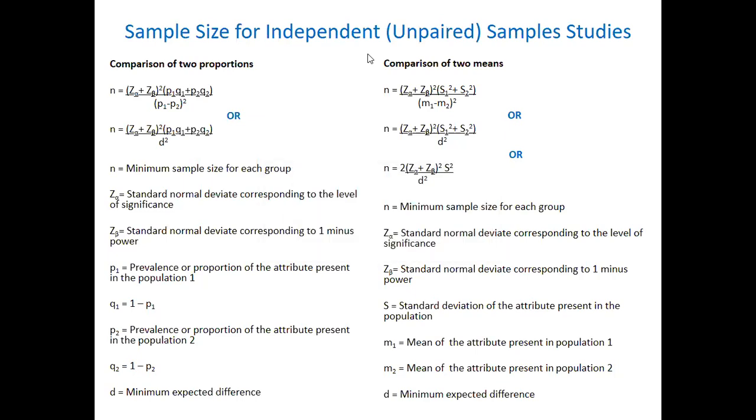Even though you can talk about the mean hemoglobin concentration or mean PCV, you can as well talk about anemia. If you study blood pressure, you can talk about mean systolic and diastolic blood pressure. You can also talk about hypertension, because once you apply a particular rule or a cutoff, you can change the quantitative to categorical. So sometimes there are two approaches, depending on the type of variable you are dealing with.